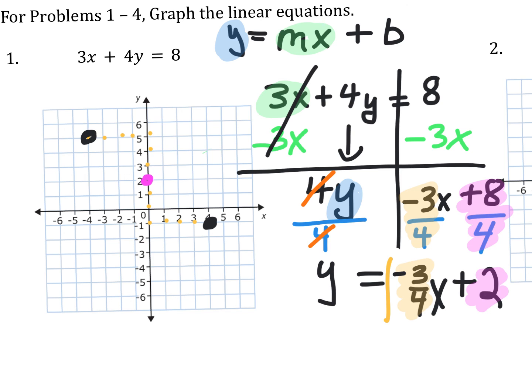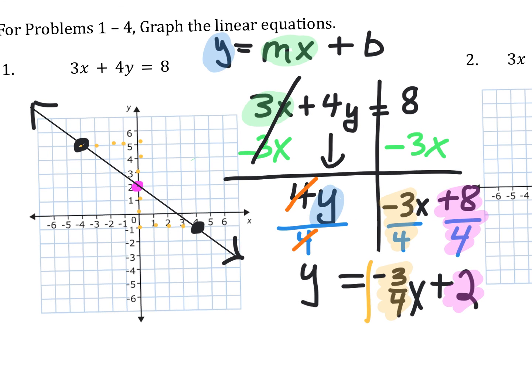Remember to please give me lines that go all the way across the graph, like so. And it's not all the way mathematically correct without those arrows either. So you can see that converting this equation into slope-intercept form gave us a more precise way to graph the line because we've got those 3 dots, those 3 coordinates that we could line up.